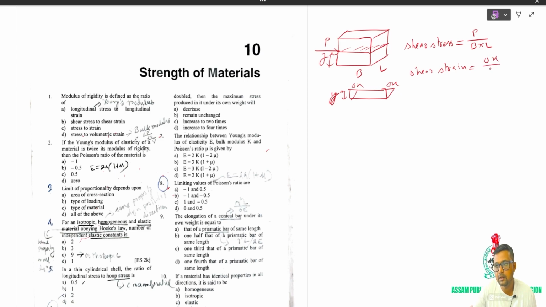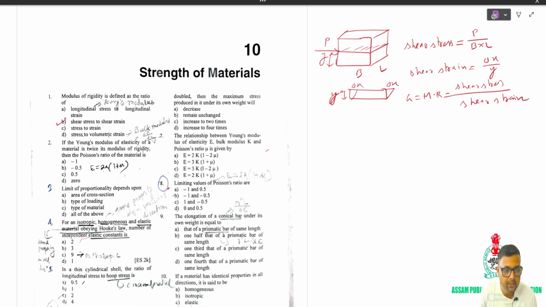Del X by del Y, so del X by Y only. Then what is G? G is the modulus of rigidity. It is shear stress by shear strain. Right? So what is the answer?